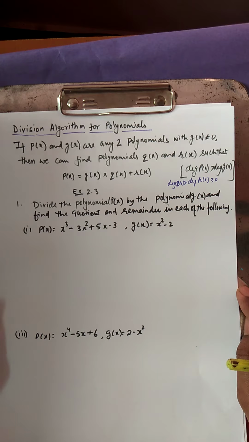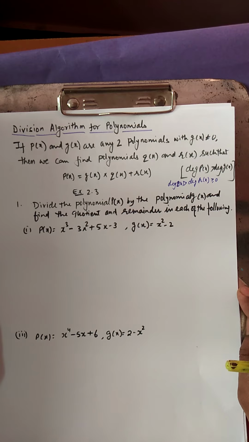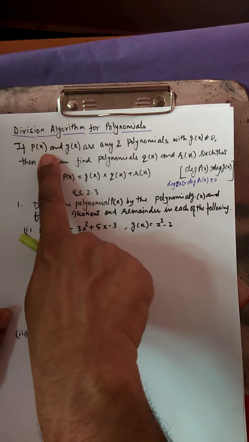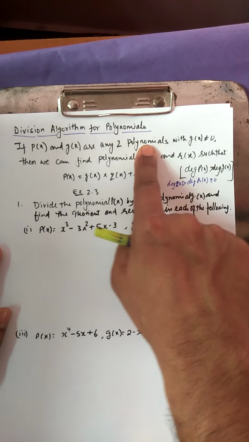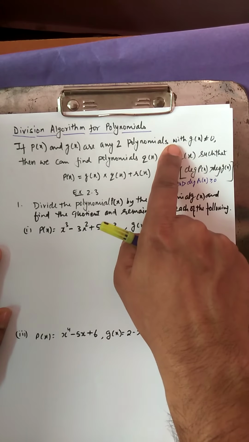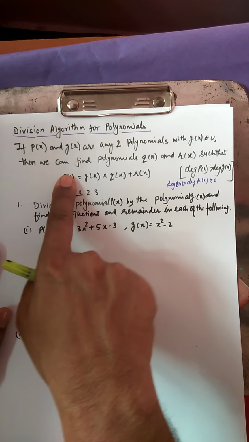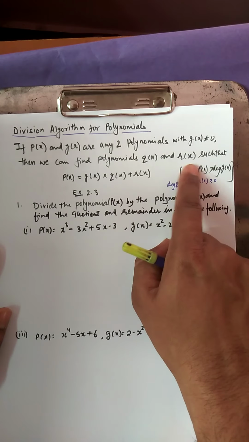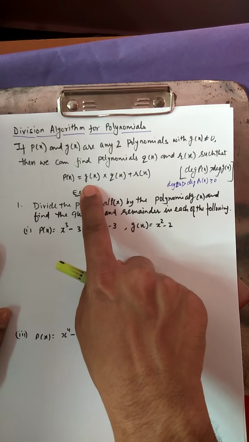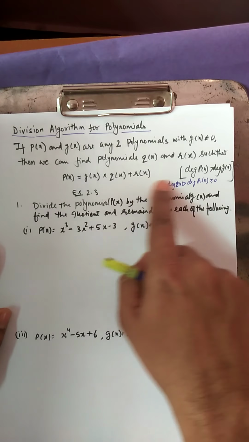Now we are going to discuss the division algorithm for polynomials. You have seen this in terms of numbers in Euclid's division lemma. The same thing is now coming here also for polynomials, and we call this the division algorithm for polynomials. If p(x) and g(x) are any two polynomials, of any degree, with g(x) not equal to 0, then we can find polynomials q(x) and r(x) such that p(x) = g(x) · q(x) + r(x).